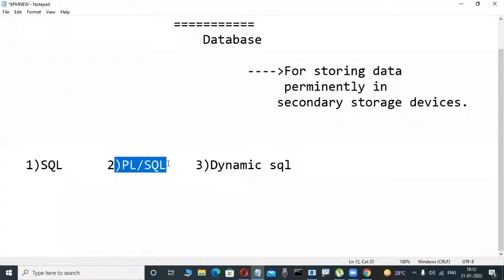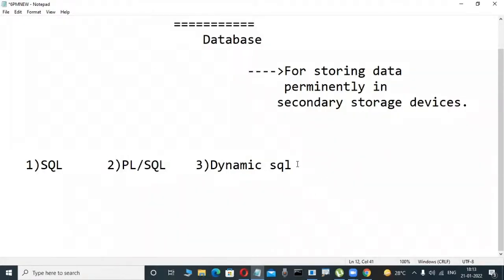Why is this language required really? So many jobs are available in PLSQL also. Why is it required? Because of so many applications.